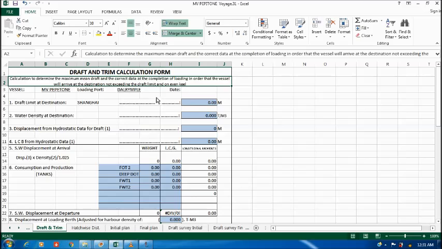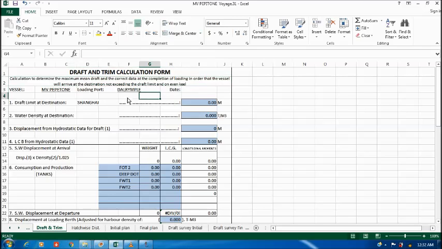Normally the vessel will load to its maximum cargo according to its load line limitations, either summer draft, fresh water, or winter North Atlantic, etc. This time we will compute the maximum cargo of the vessel according to its draft limitation, the maximum cargo the vessel could load according to its draft.